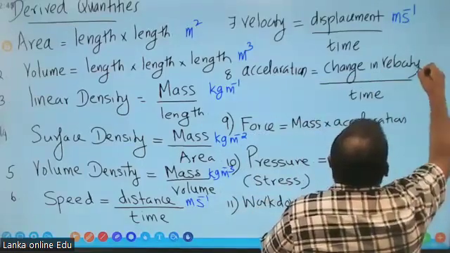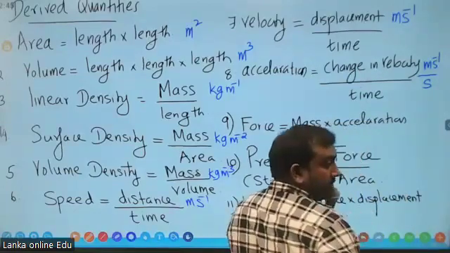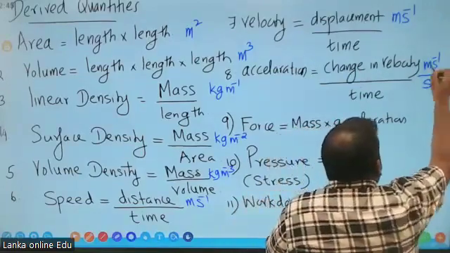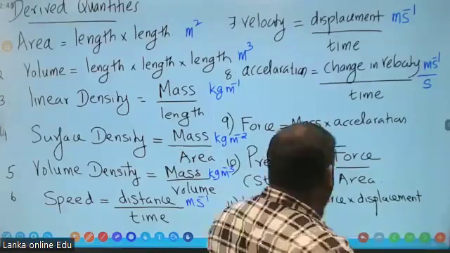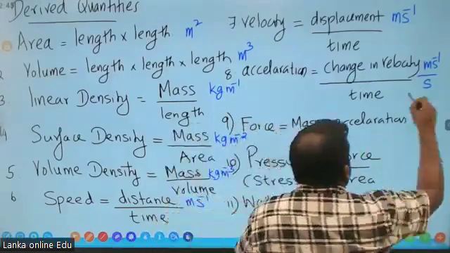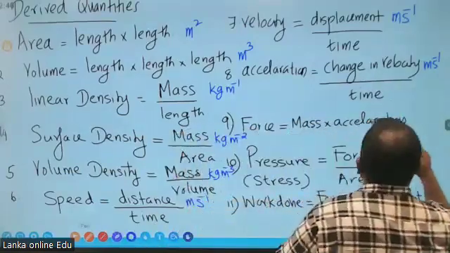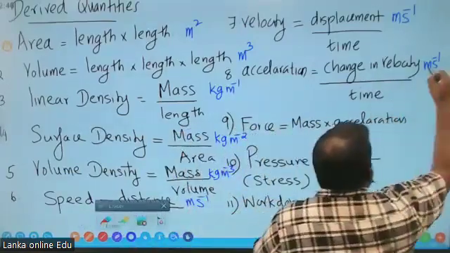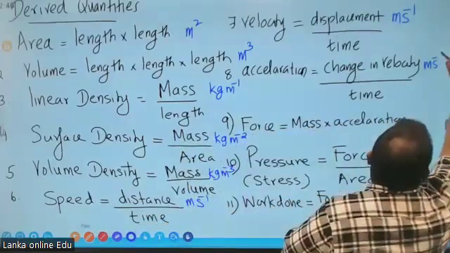Acceleration, velocity here is m s-1, time is s. If I take s on top, s-1, s-1, s-2. It's going to be m s-2.